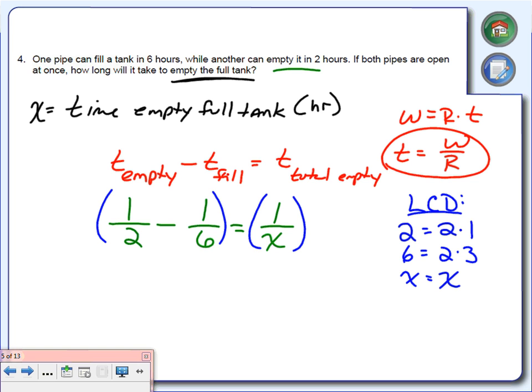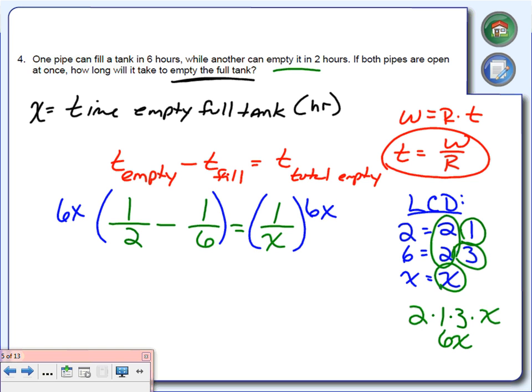First thing you should notice is that they have some common factors here, and those common factors are the 2. Do you see any other common factors? No. But I can't just throw the other stuff away, so I'm going to include it also. There's the 1, there's the 3, there's the x. What do you get when you multiply all of that together? 6x. So 6x is what we should be using for our least common denominator.